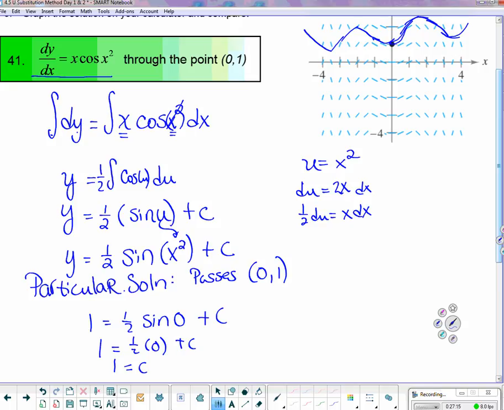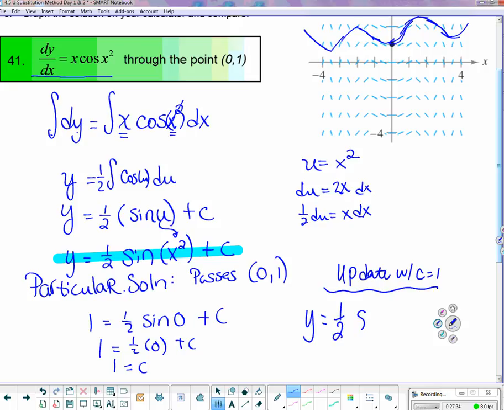And my solution is, remember how we come back to this particular point, and I can rewrite it now, updating with c equals 1, and that's going to give me y equals 1/2 sine of x squared plus 1, replacing c. Solution there. Okay, hope that kind of makes sense.